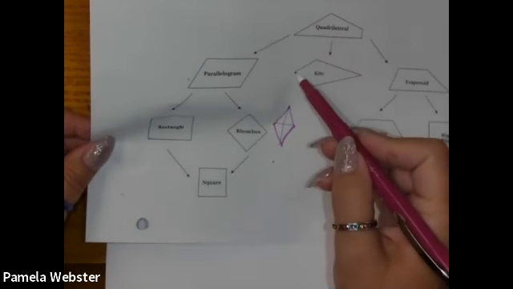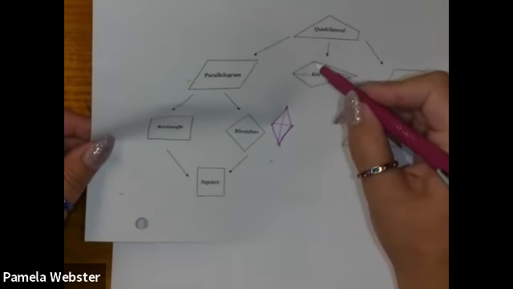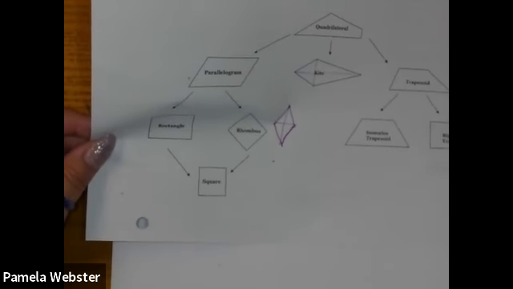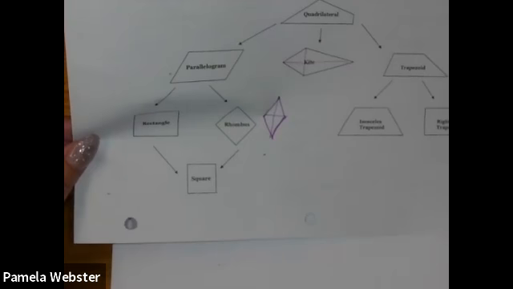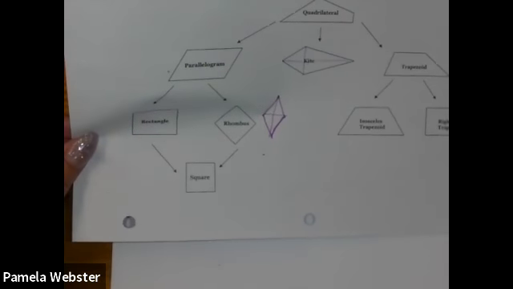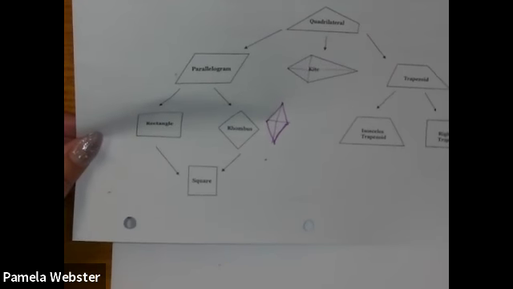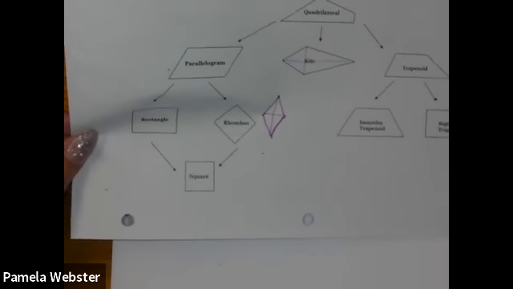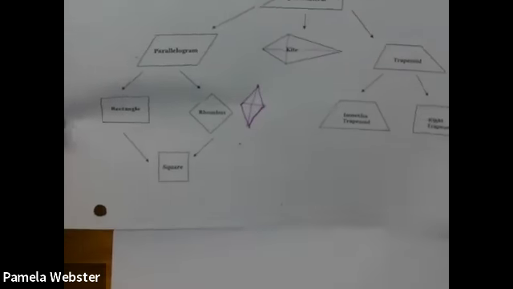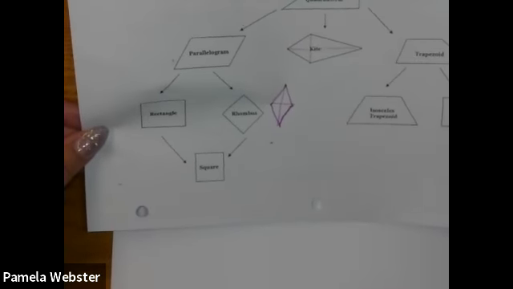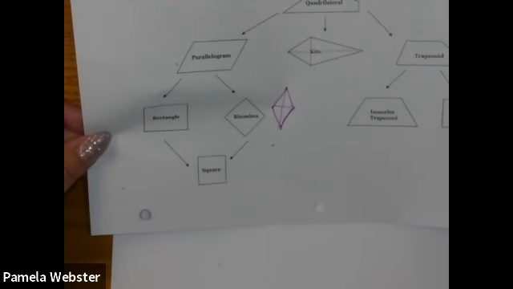The kite has to have 2 diagonals that are interior. Okay, so all of the properties that are assigned to the bigger group trickle down, and then as we go down, they're more specific. That's what's going on. Okay, so did that help you with the rhombus, Miss Samantha? I hope. Yes, ma'am. Good.